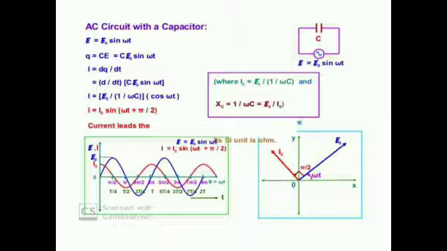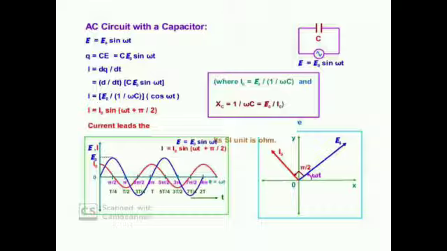It is clear from the equations E is equal to E naught sin omega t, I is equal to I naught sin(omega t plus pi by 2). The phase difference between these two is pi by 2. The phase difference between the applied voltage and the consequent current through it is pi by 2.